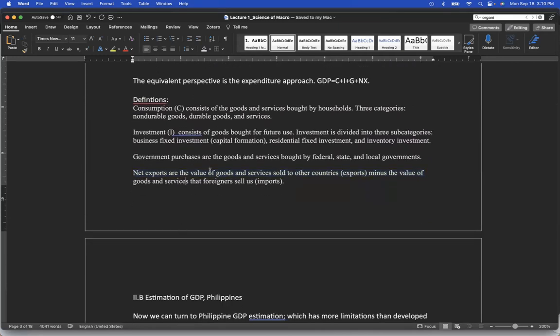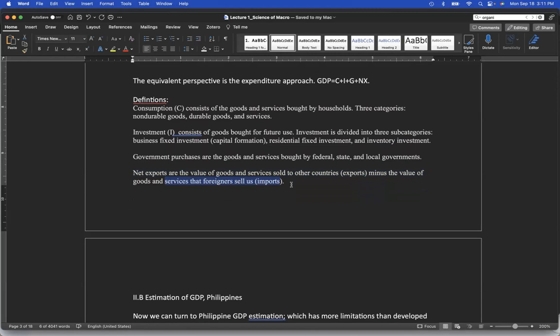So this is important. Bakit siya net? Bakit siya mina-minus? Bakit imports mina-minus? So this is a minus because we're interested in, essentially, GDP, which is the production of final goods in the Philippines. Imports represent consumption of Filipinos, yes, but consumption of foreign products and services, which is why you want to subtract it out of GDP, right?